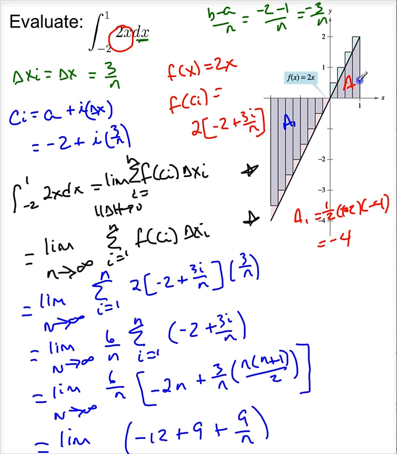Now if we look at A2, it is 1/2, the base here is 1 and the height is 2. So A2 is 1. So A1 plus A2 gives me the total, negative 4 plus 1, or negative 3.